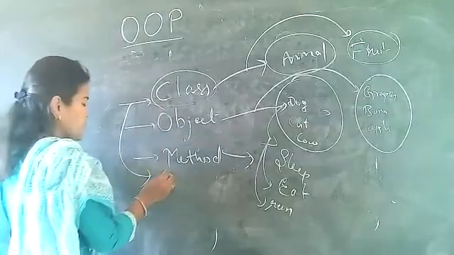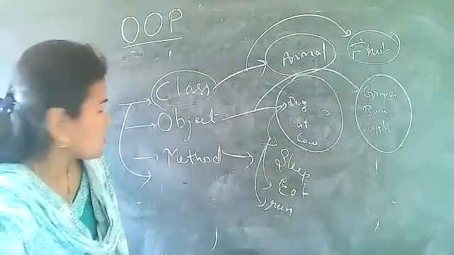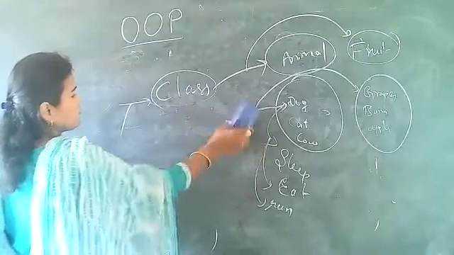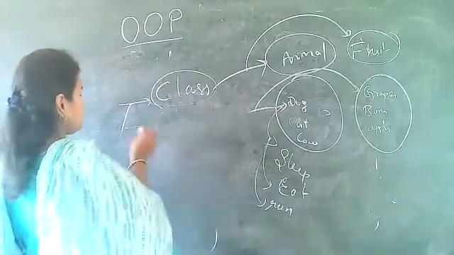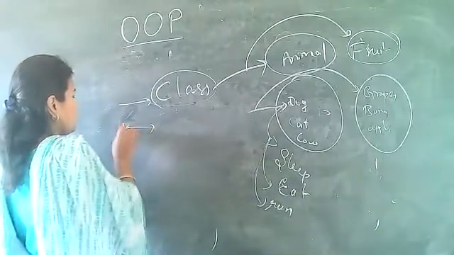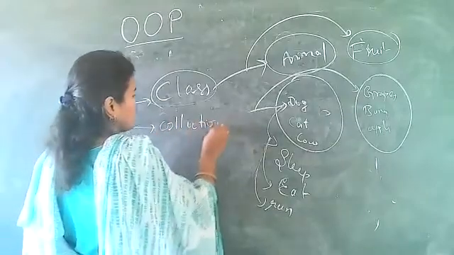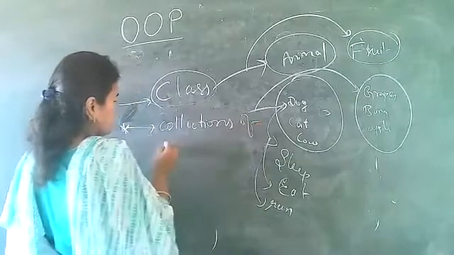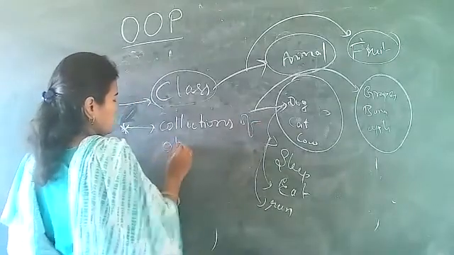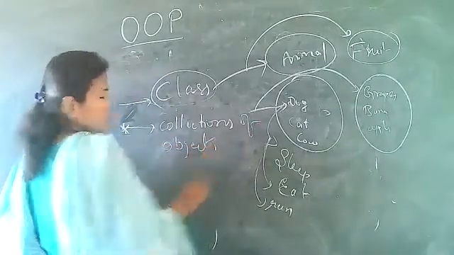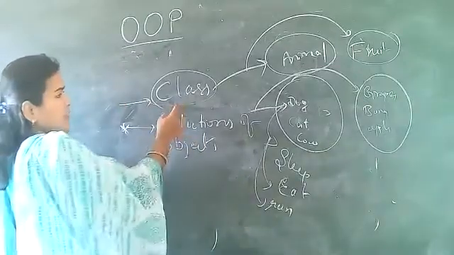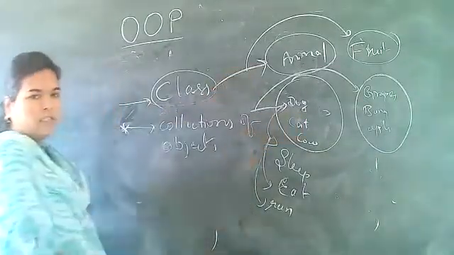What is class? The first point you have to write here is: class is a collection of objects. Okay, am I right? What is class? It is a collection of objects.